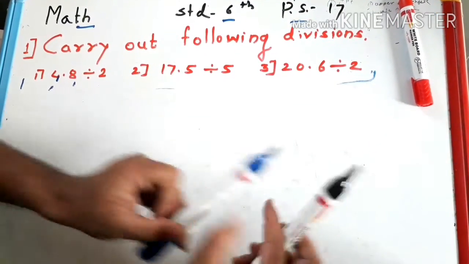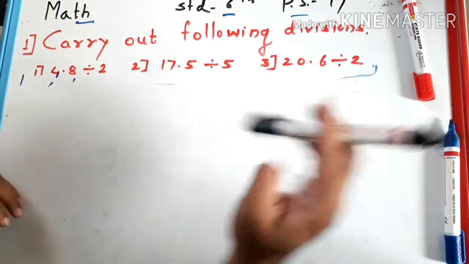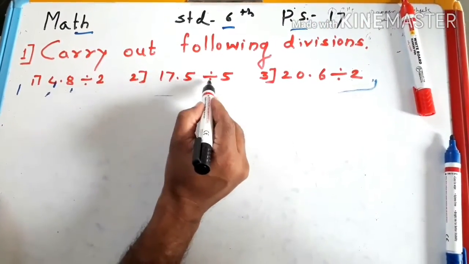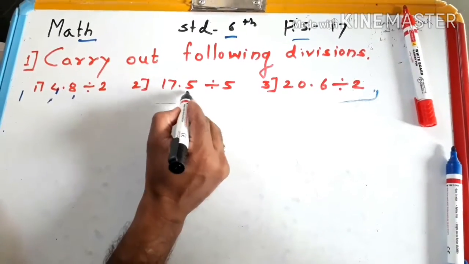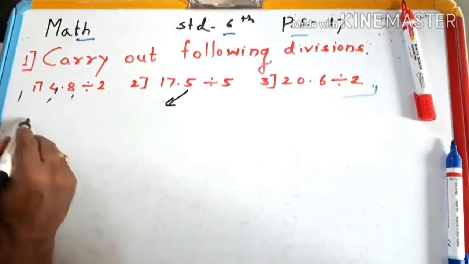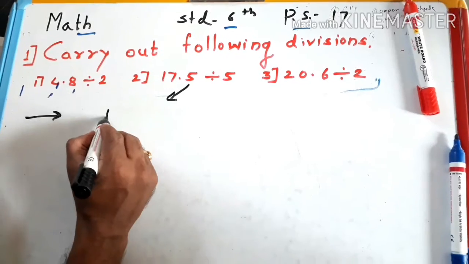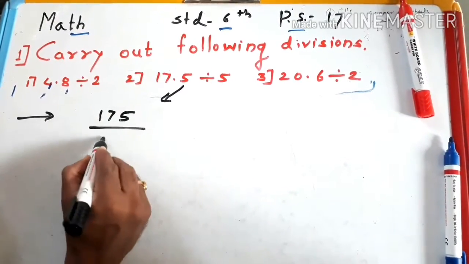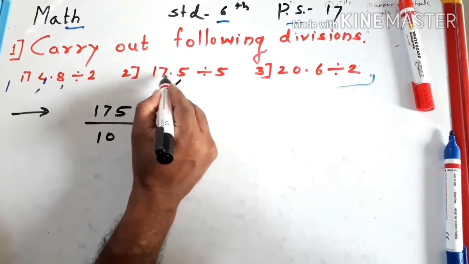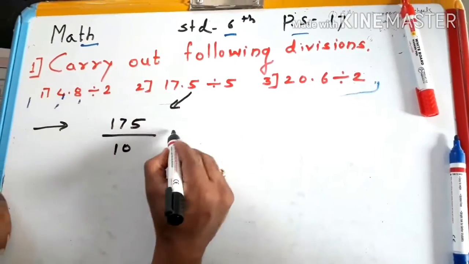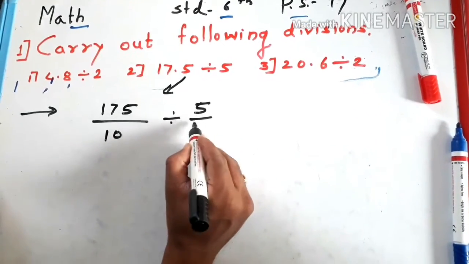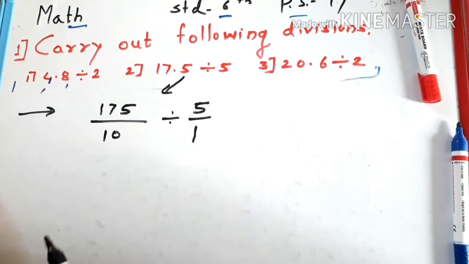So we solve this in the same procedure. Second question is 17.5 divided by 5, which is written in this way again: 175 by 10 divided by 5 by 1.